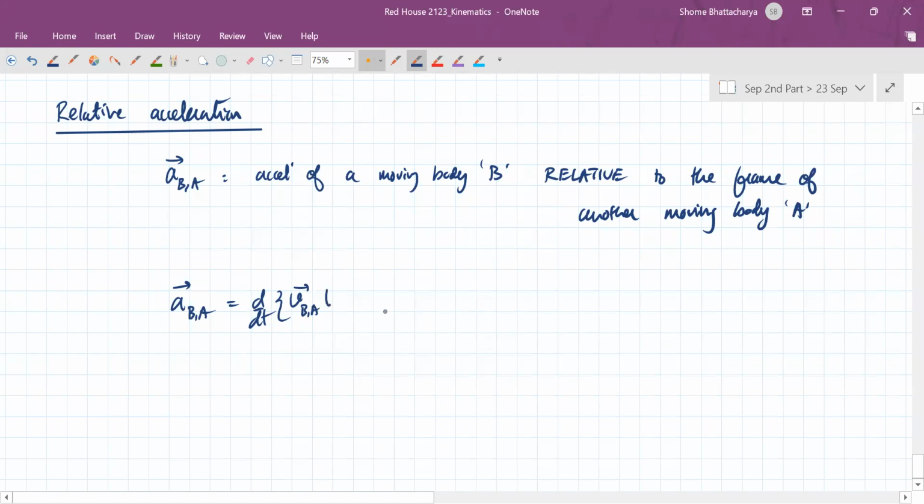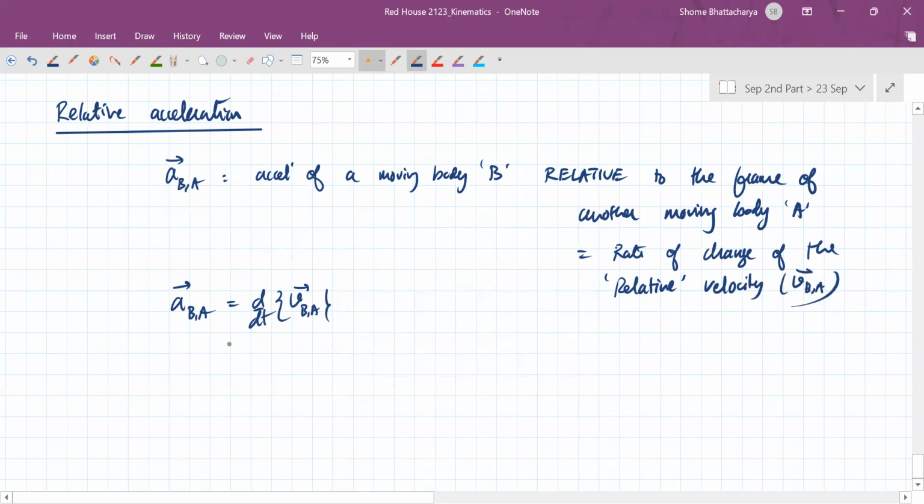So relative acceleration becomes instantaneous rate of change of the relative velocity of B with respect to A.